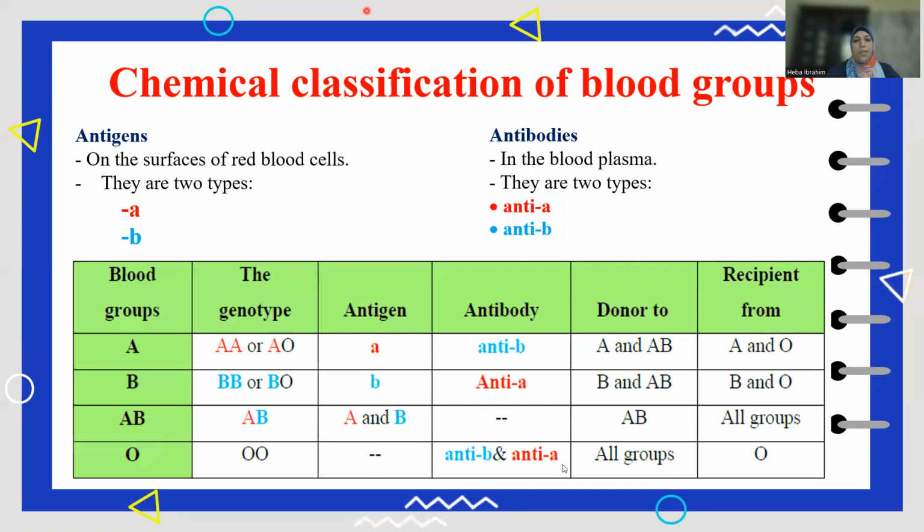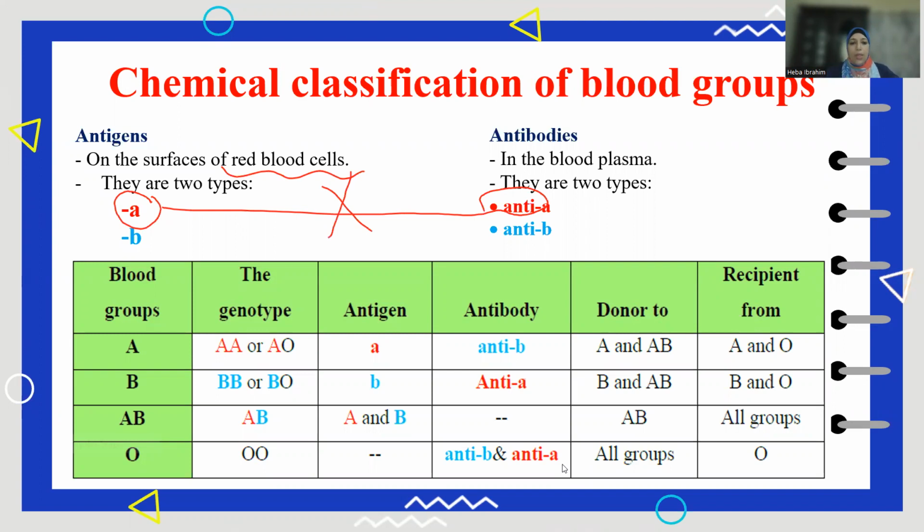Firstly, it's not logical to put the antigen with its antibody. Antigen A with antibody A leads to a chemical reaction. This reaction leads to disintegration, or breaking down, of red blood cells that leads to severe anemia, then death.